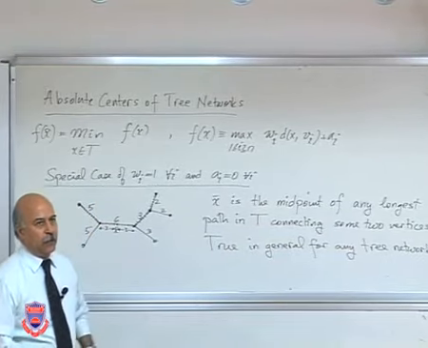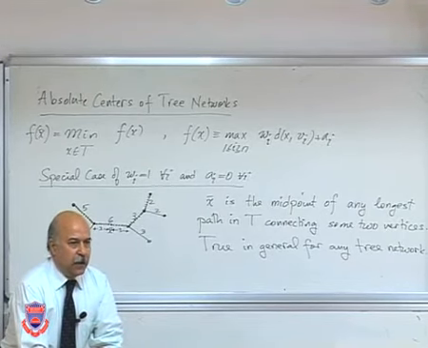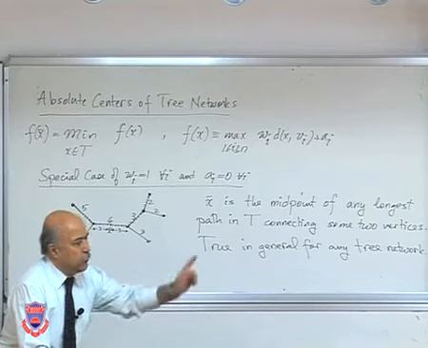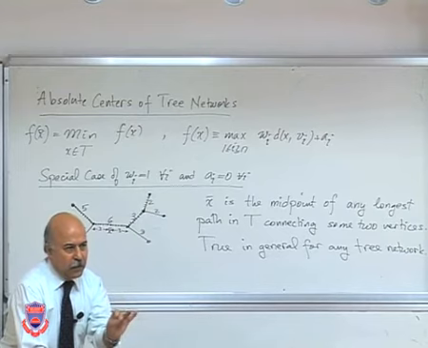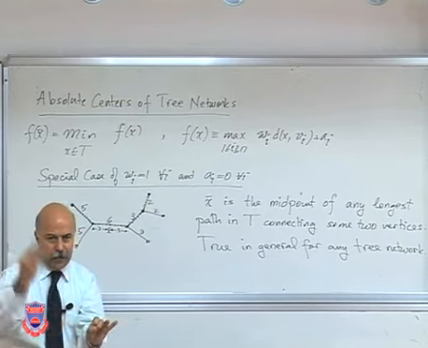For general networks, you still have the same situation. Let me put it this way. The viewpoint I gave you is that you take each vertex and try to move away from it as much as you're permitted to by the upper bound.